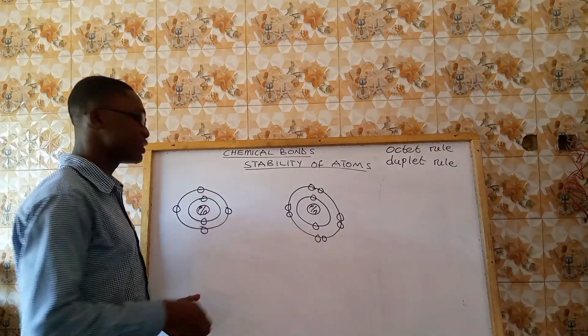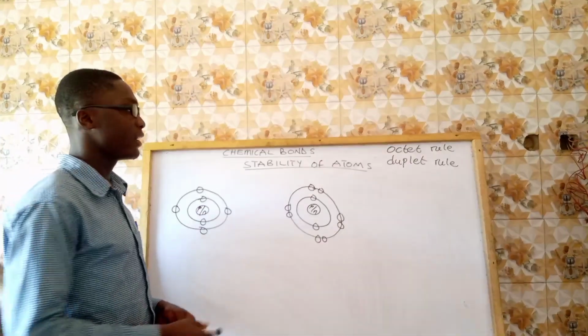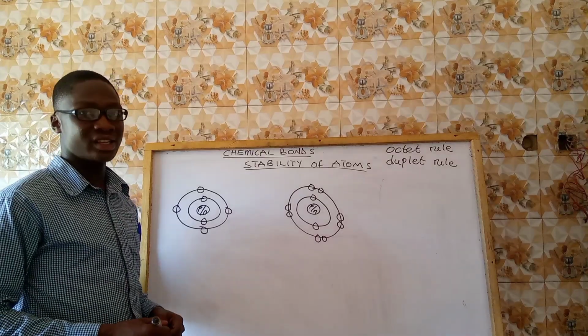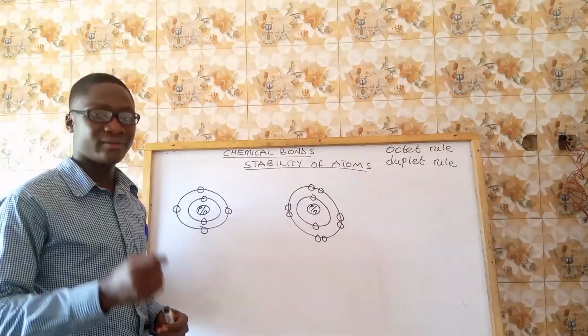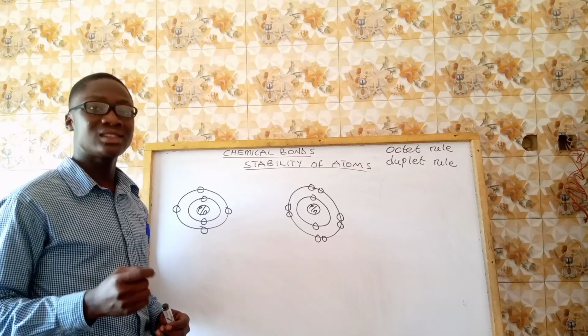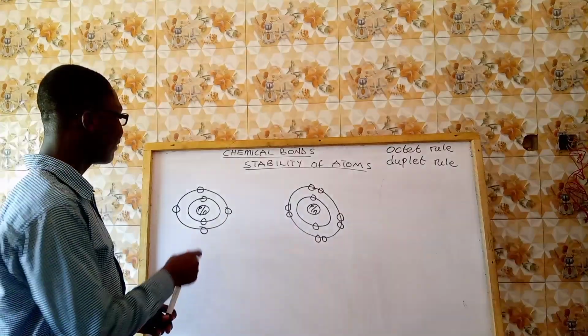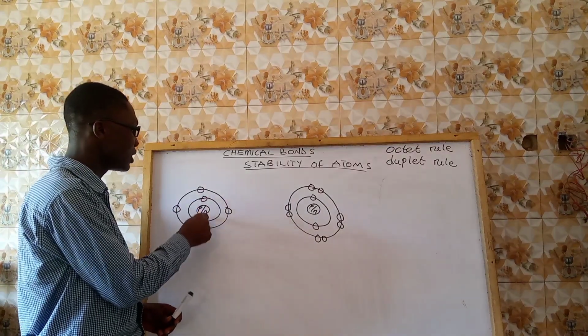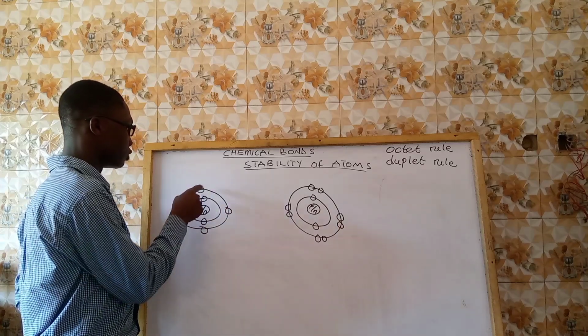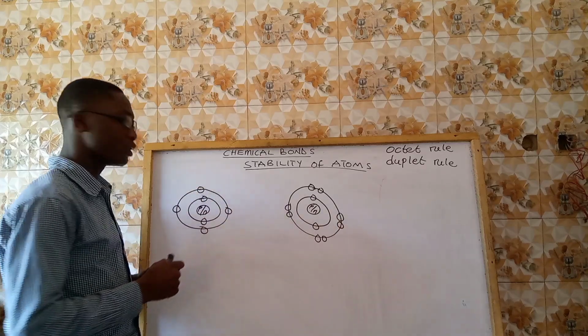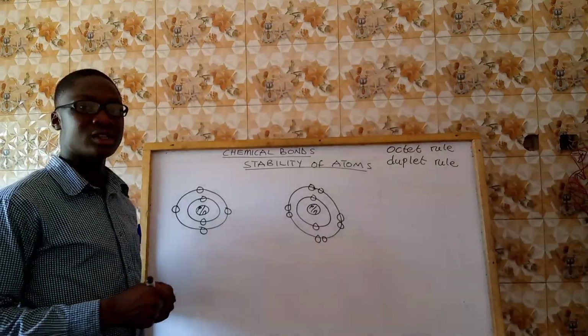We have 2 shells, so we go for the octet rule, which states that the last shell, or the outermost shell, or the valence shell should have 8 electrons. So we have the first shell having 2 electrons and the last shell having 4 electrons. 1, 2, 3, 4. So let's draw the electron configuration.